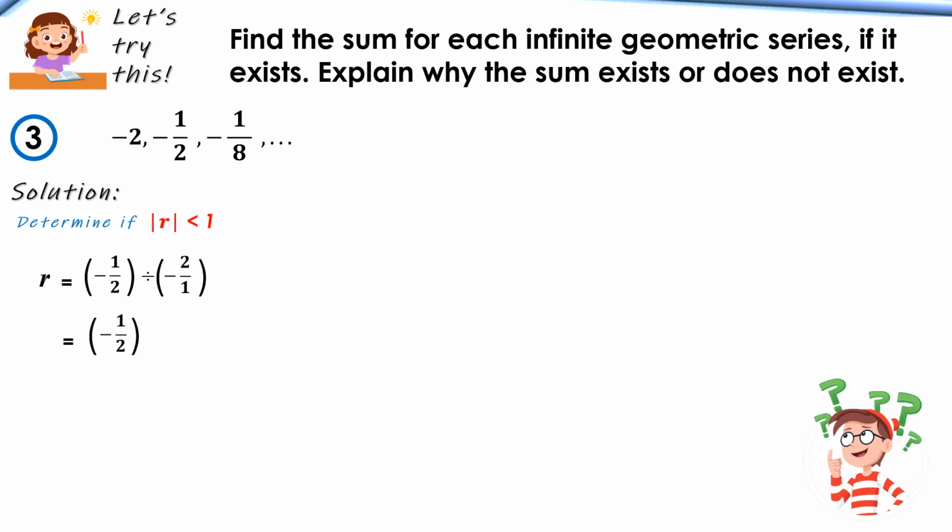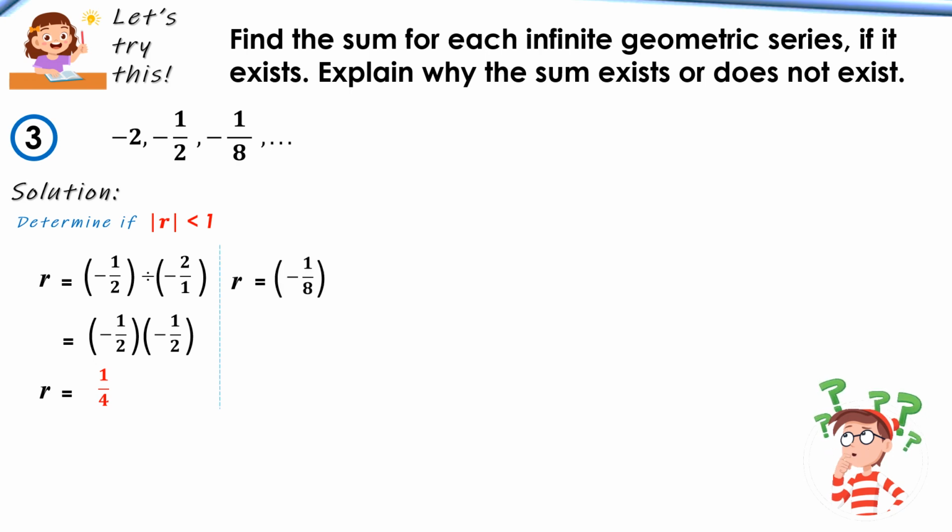And then we will multiply by the reciprocal of 2 over 1. So we have negative 1/2 times negative 1/2. Okay, and then we will multiply the two fractions. So we will have r is equal to positive 1/4.